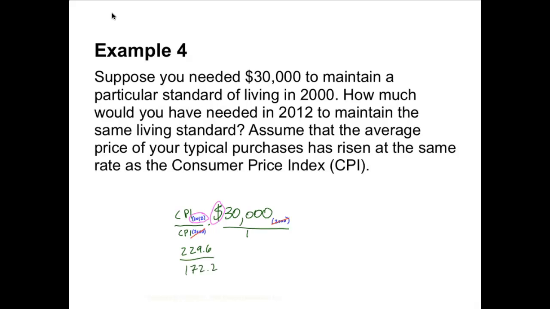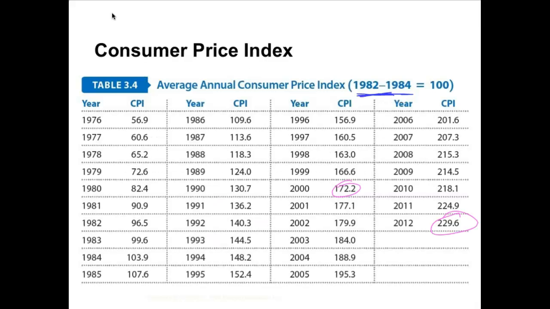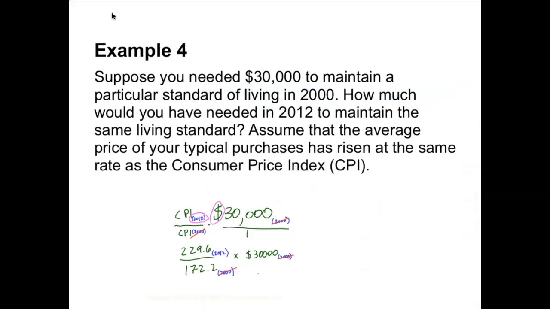And again, this is my CPI for 2012, and this is my CPI for 2000. I'm going to multiply that by $30,000, and those dollars are actually year 2000 dollars. And so again, my years cancel in the way that I want them to, and it's going to leave me in 2012 dollars. Let me just make sure that 2000 CPI was right. Yeah, 172.2. Okay.